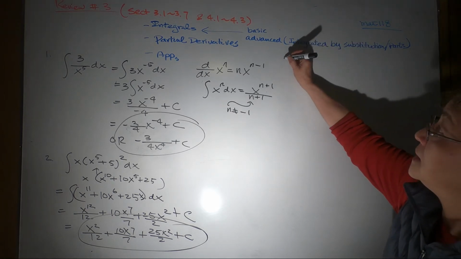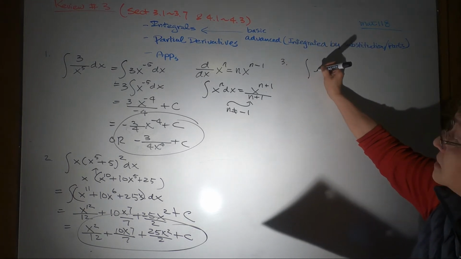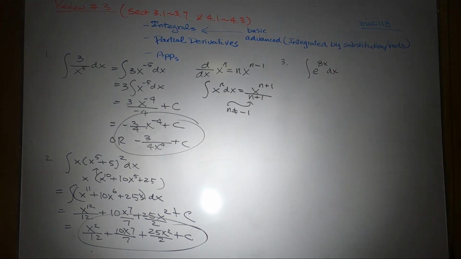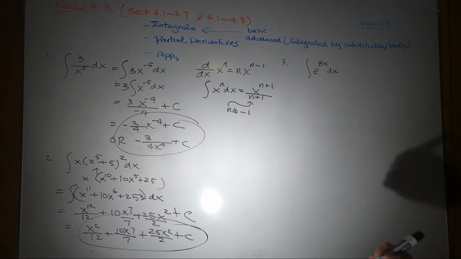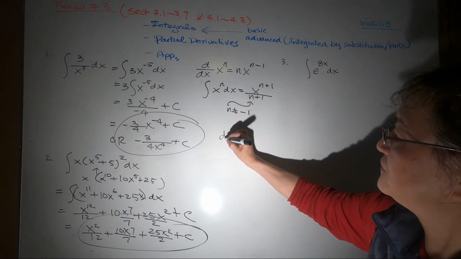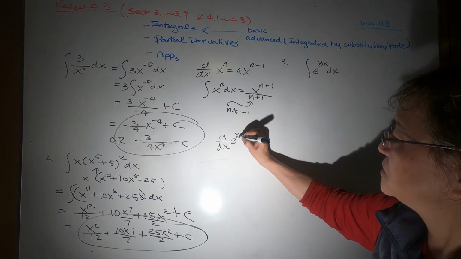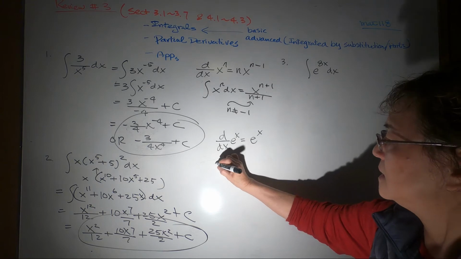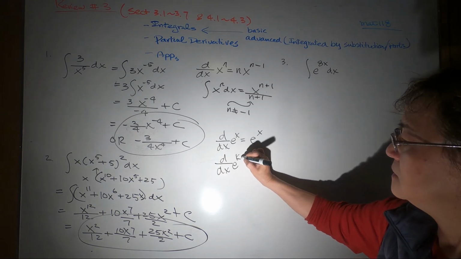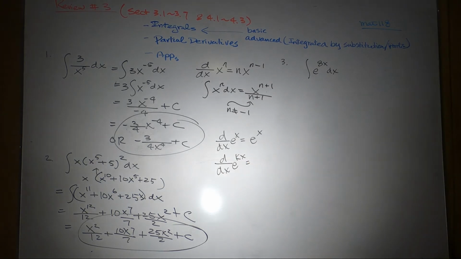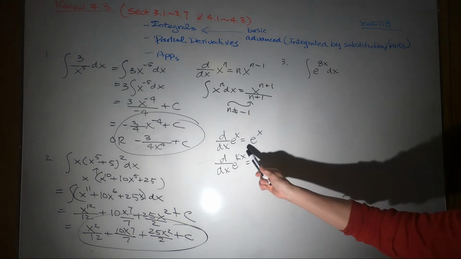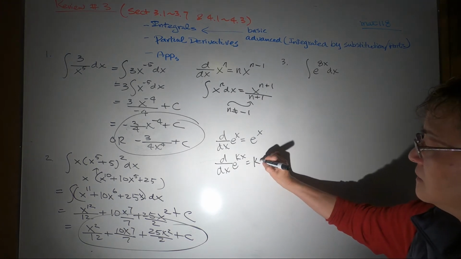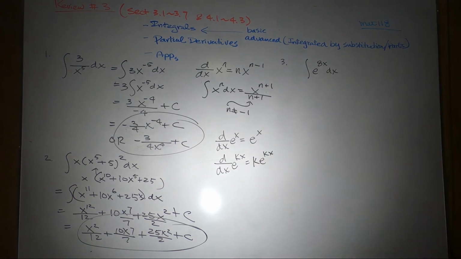Okay, and let's take a look at the exponential function. So the derivative of the exponential function is e to the x, right? And if you have some other constant, you have to use the chain rule for the derivative of kx, which is k. So you move it out like this, right?